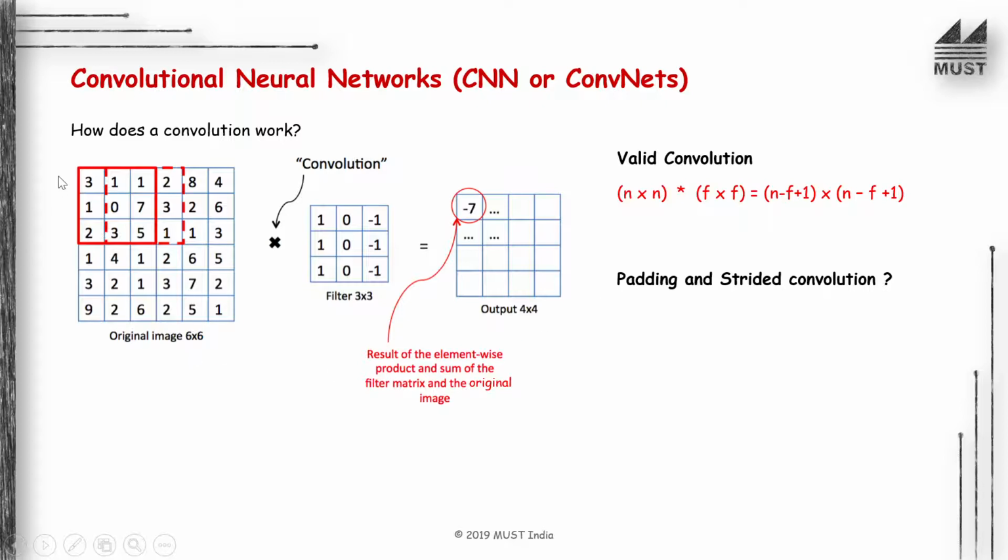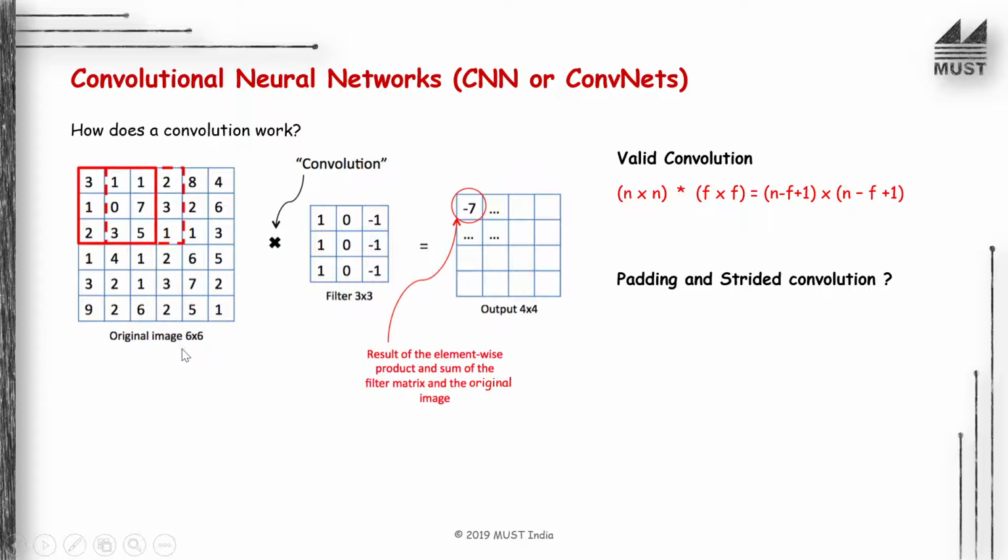We add a few extra matrix units over here and fill them with 0, and we call these extra regions pads or padding. So if I want an output matrix of the same dimension 6 by 6, I need to add a few padding layers on this side as well as this side, and similarly in the rows also.